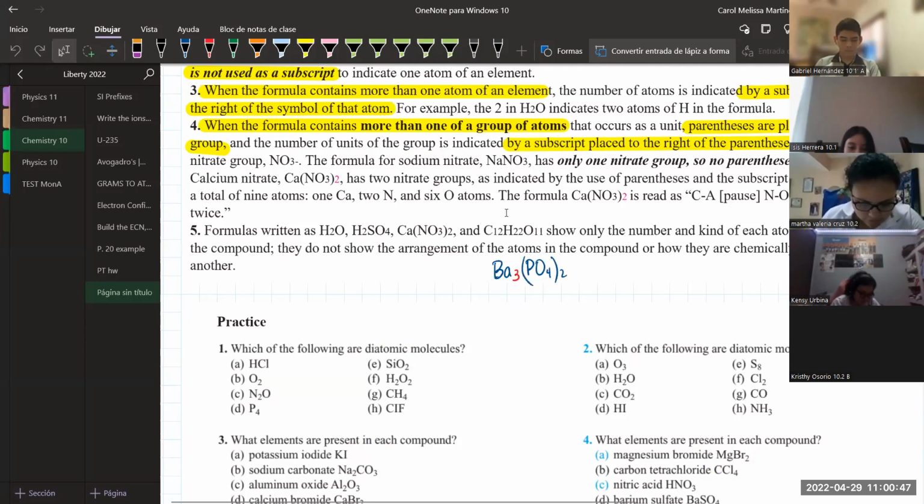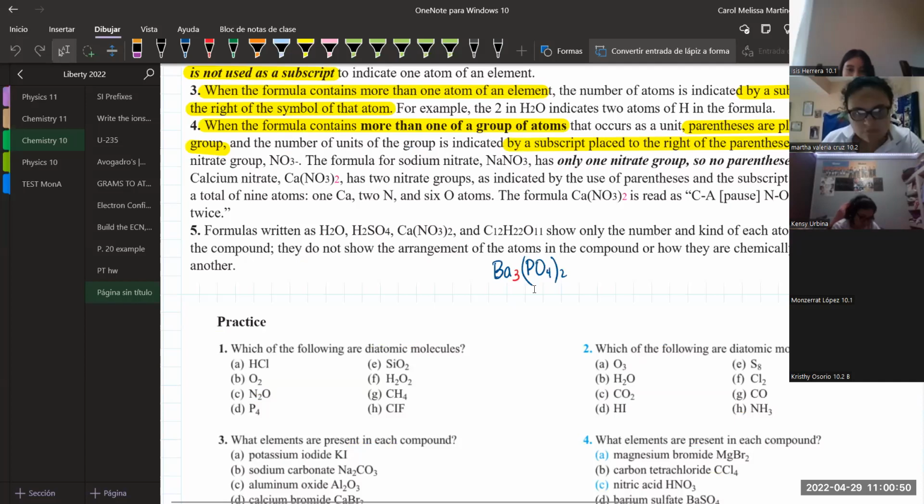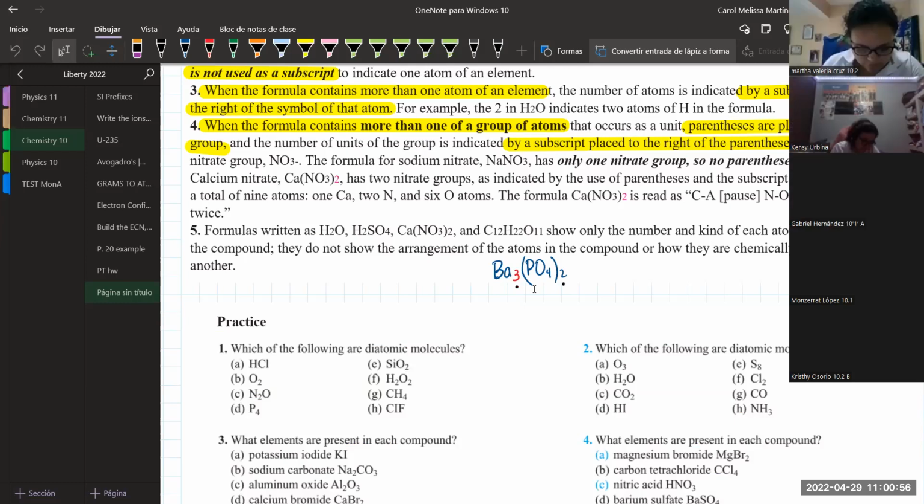Okay, take a look at this chemical formula. This parenthesis is surrounded by the number 3 and by the number 2. The parenthesis is between 3 and 2, but the only number that is going to affect the parenthesis is the one placed on the right side.